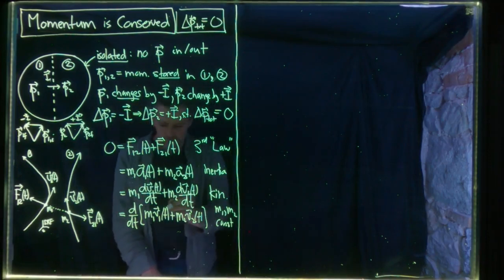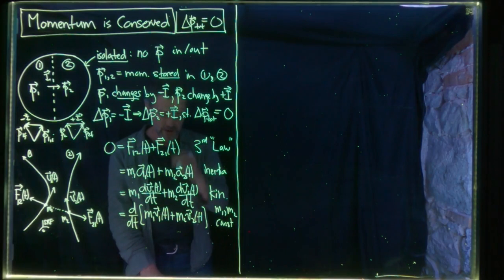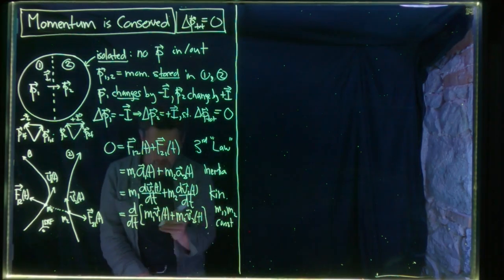So individually, v1 and v2 can be complicated functions of time.